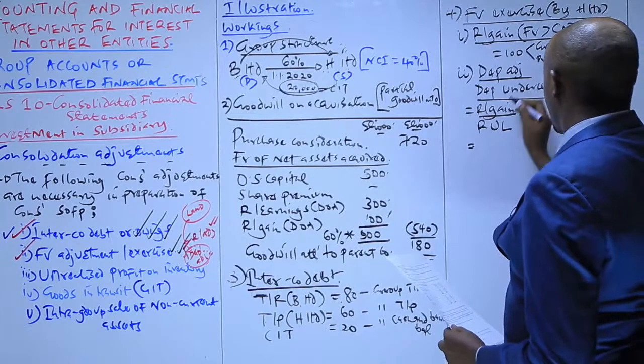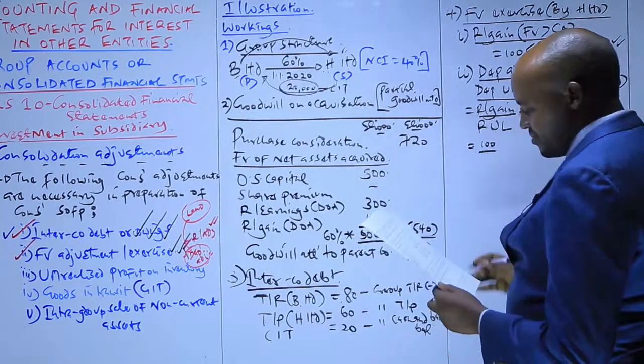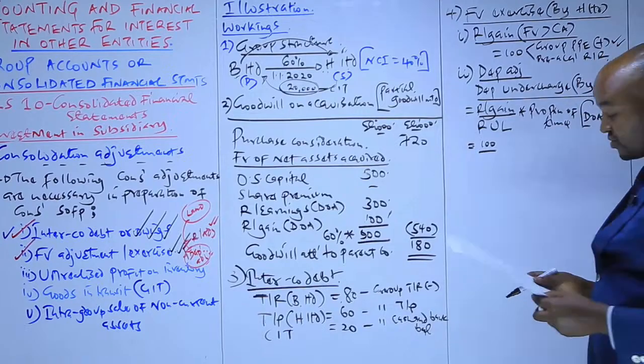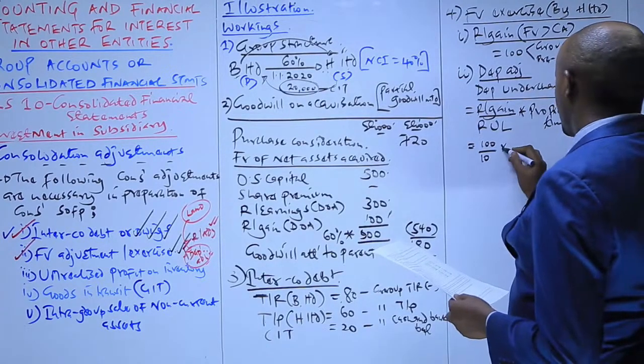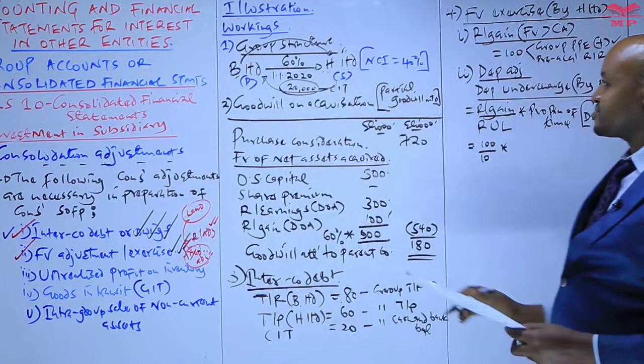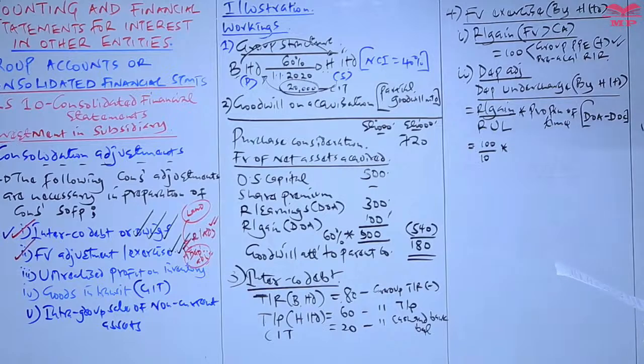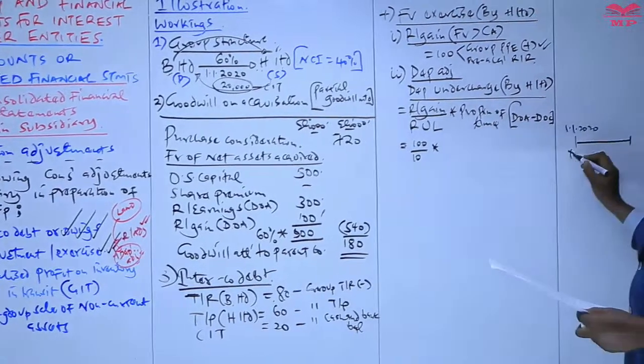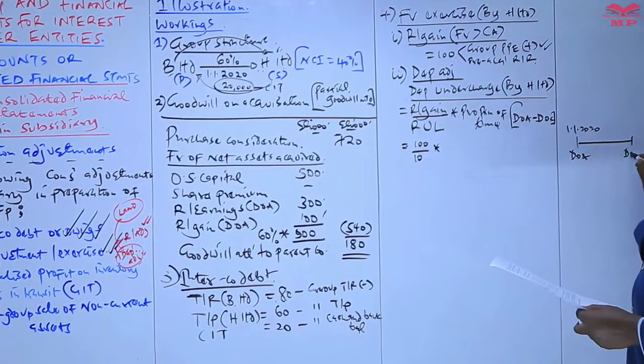So the revaluation gain is 100. The remaining useful life in note number 3, we are told 10 years. Then proportion of time. Proportion of time is the time difference between the date of acquisition, which we have here, 1st January 2020, to the date of consolidation.